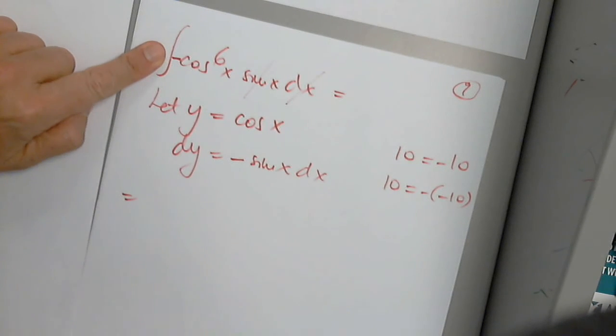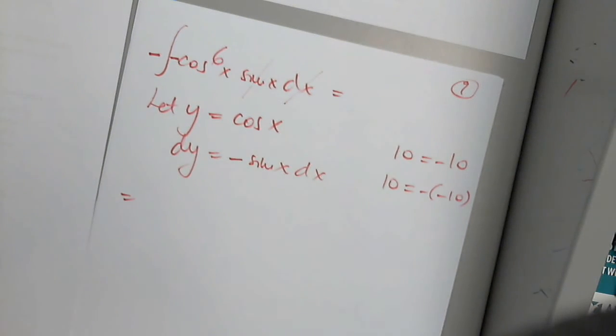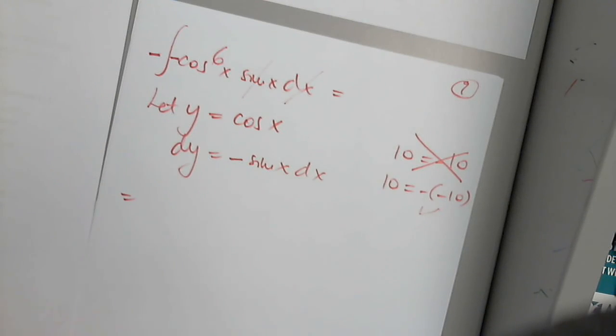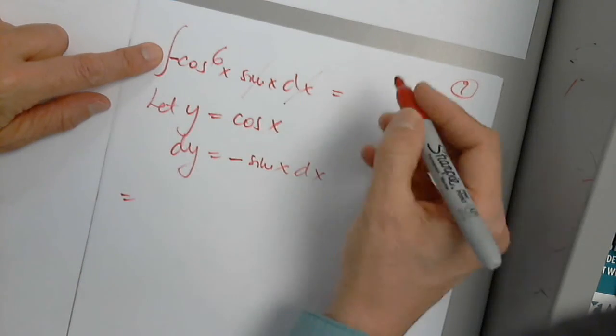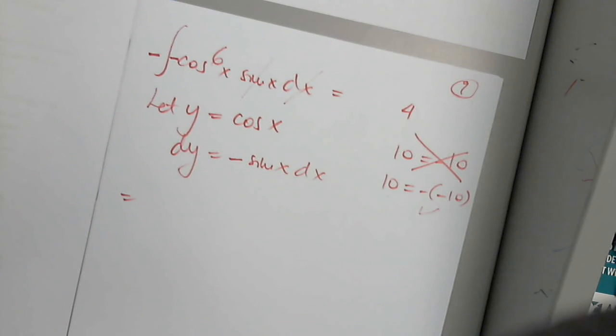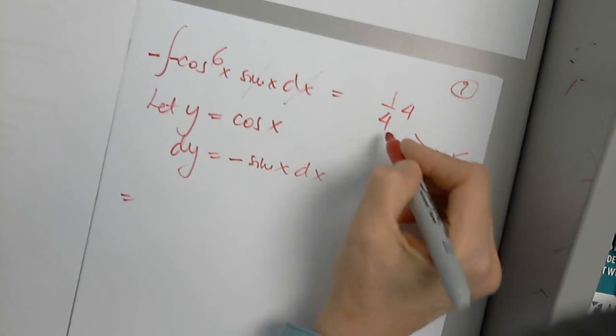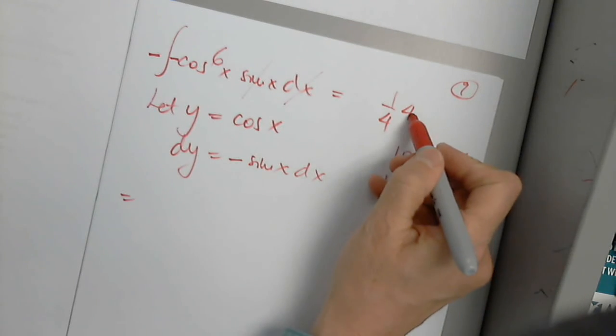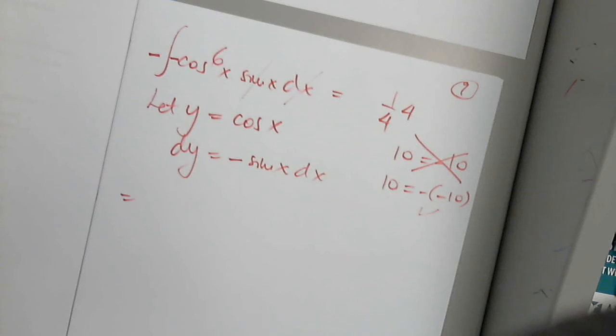If I only put it once, I make a positive into a negative. But if I put it twice, I don't change anything. So this is incorrect, but this is correct. It's like, for example, if I need to put a 4, I cannot just put a 4. I have to put a 4 and also 1/4, which is 1. Multiplication by 1 doesn't change anything. So if I choose to put the 4, I have to put 1/4. Better?